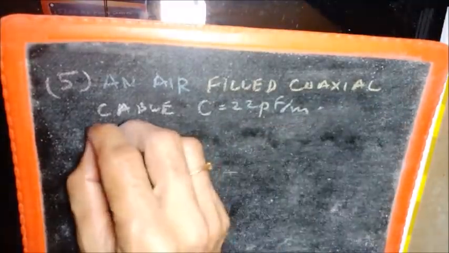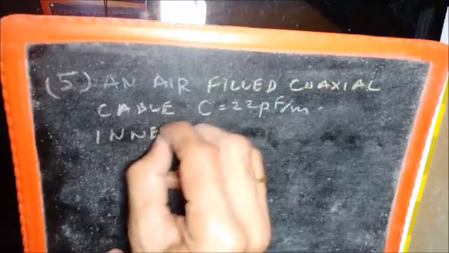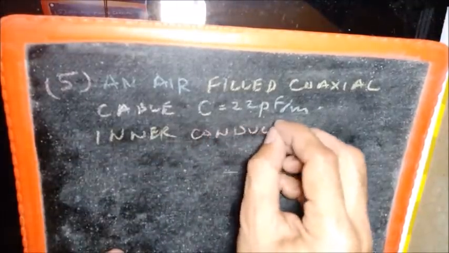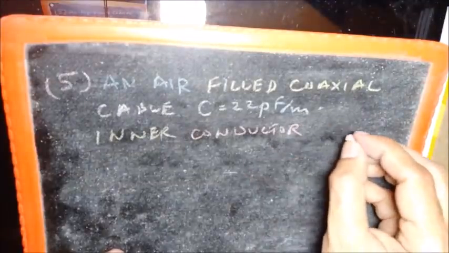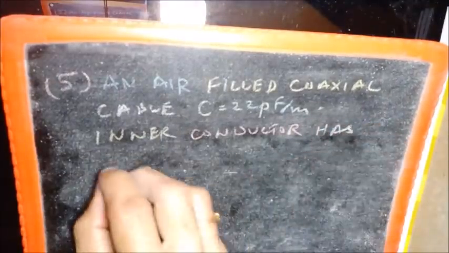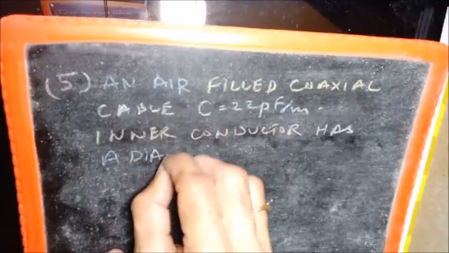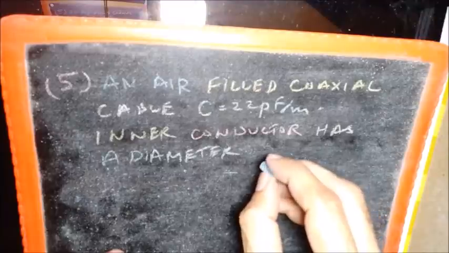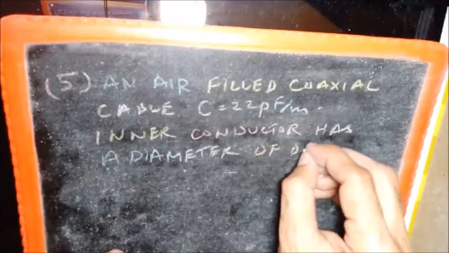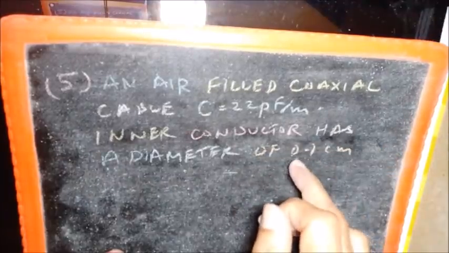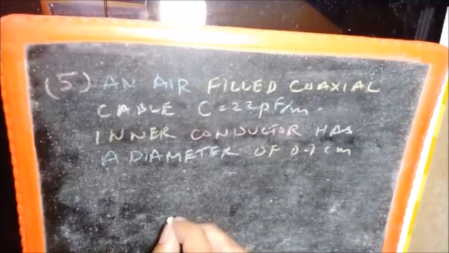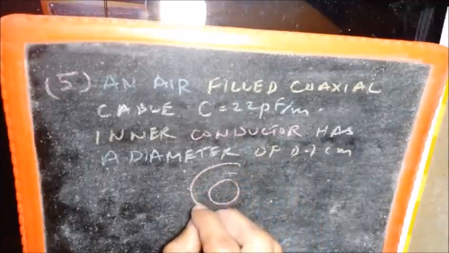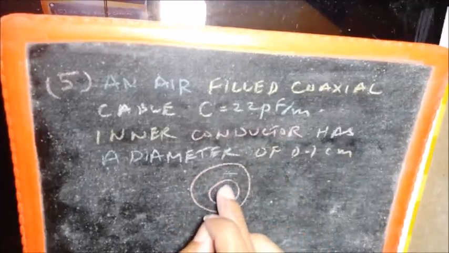Now the inner conductor has a diameter of 0.1 centimeter. Remember, I am giving the diameter here. If I show the cross section of the coaxial cable, the inner conductor comes in the center.